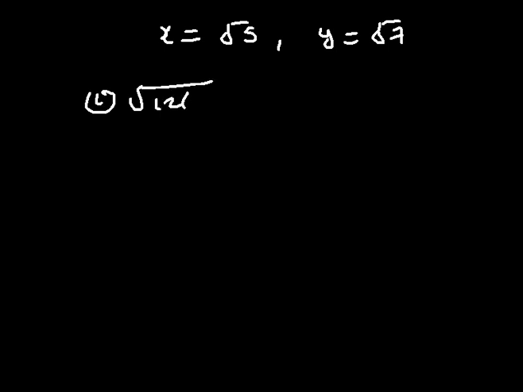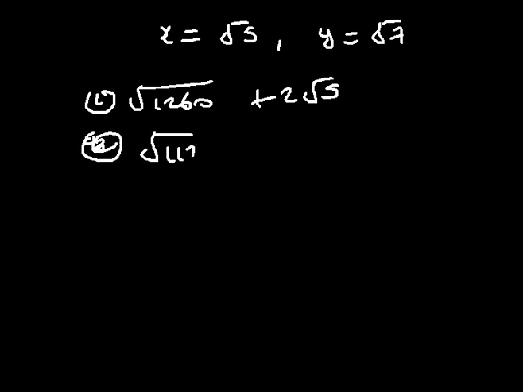And now we also have this case as well. Let's say x is given as the square root of 5, and y is given as the square root of 7. Now we should express the following in terms of x as well as y: the square root of 1260 plus 2 times the square root of 5, and the other, the square root of 112 minus the square root of 20, which is divided by the square root of 140 minus 5.